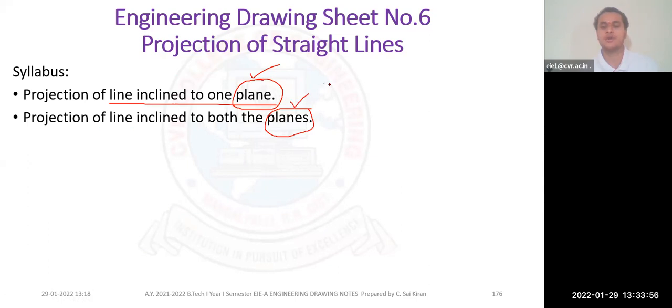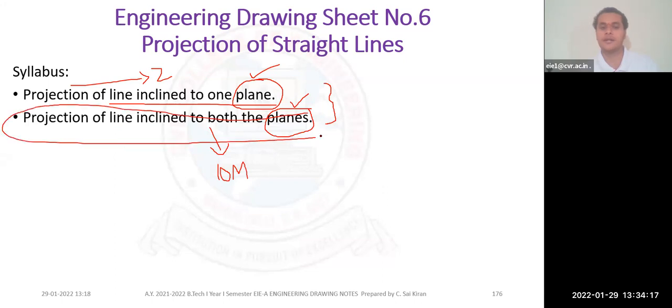You can expect the first topic as a 2 marks question, or as an A bit B bit essay question. But projection of a line inclined to both the planes you can expect directly as 10 marks. In order to understand this essay topic, you have to understand the projection of a line inclined to one plane.